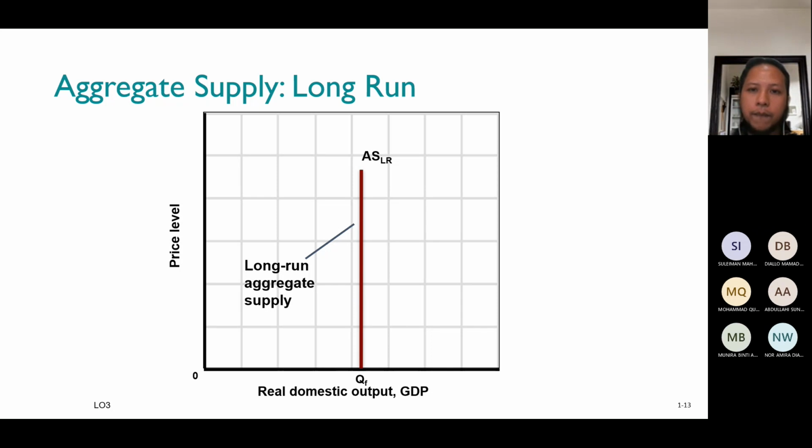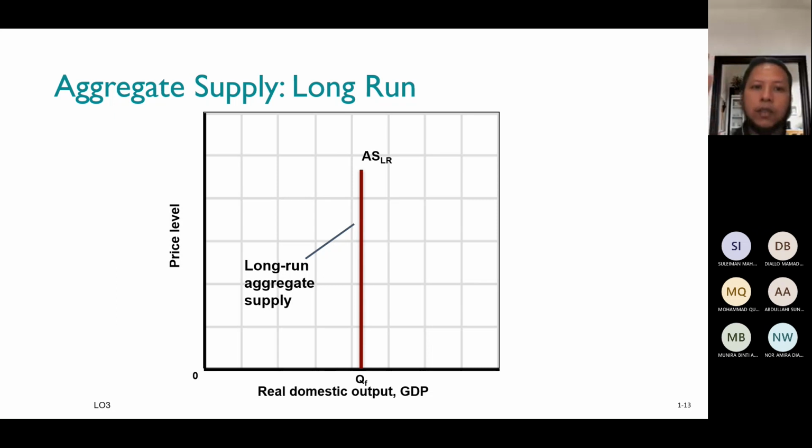So basically in the long run, if you plot the supply, this is where usually the economy has a long run output at this point, unless there are some changes to labor and also technology, and then there will be a shift of the aggregate supply curve.